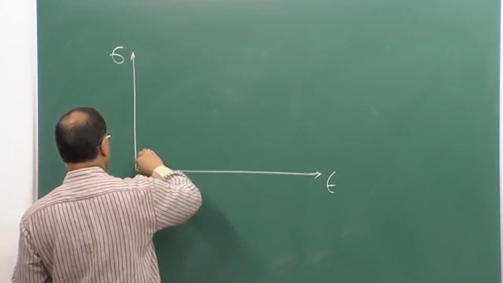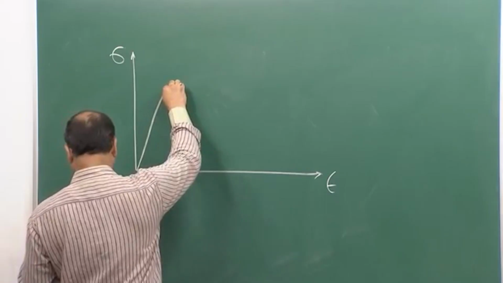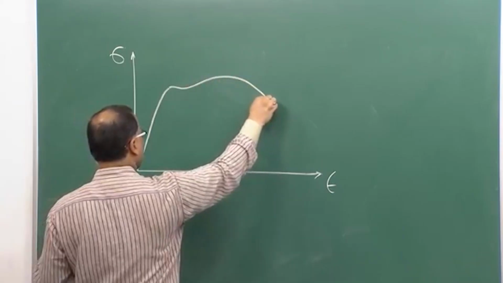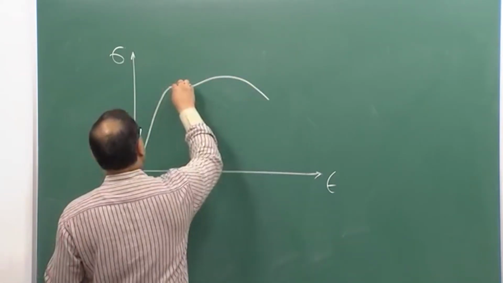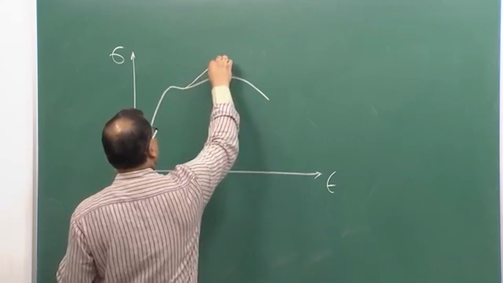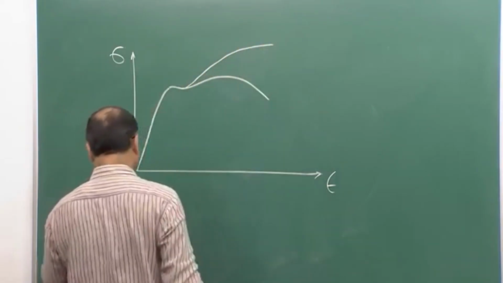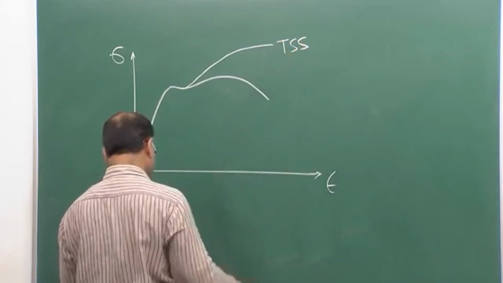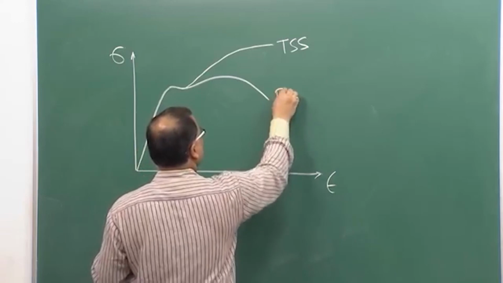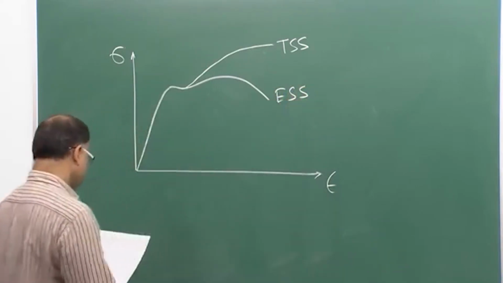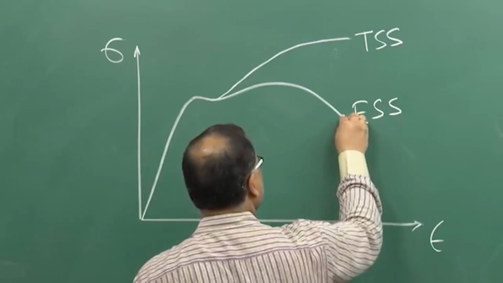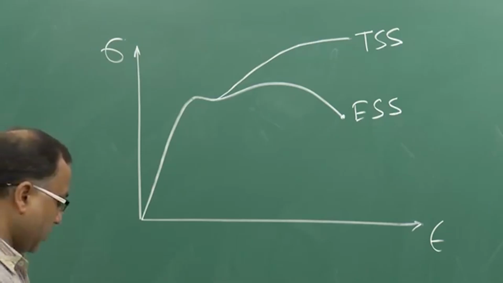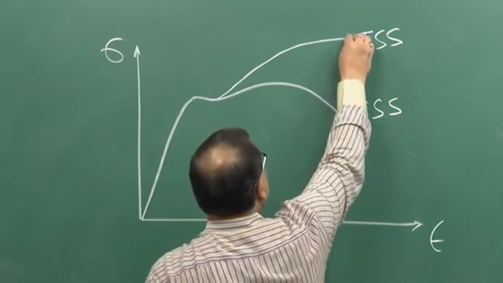Now, this is your true stress strain curve, this is your engineering stress strain curve, and you are getting the fracture in tension. So, suppose you are applying the tensile force, so you will be getting fracture at that point, okay, and here you will be getting fracture at that point.